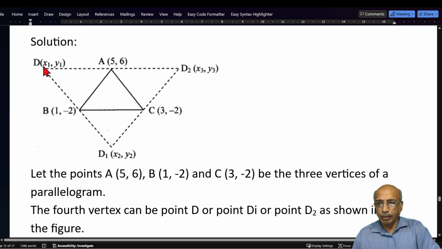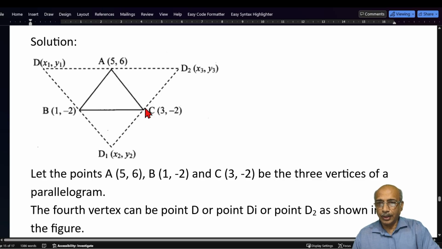So the quadrilateral will become DACB. Do you agree with this? Yes. If D1 is down on the side of BC, then the quadrilateral will be D1, B, A, C. Another quadrilateral.